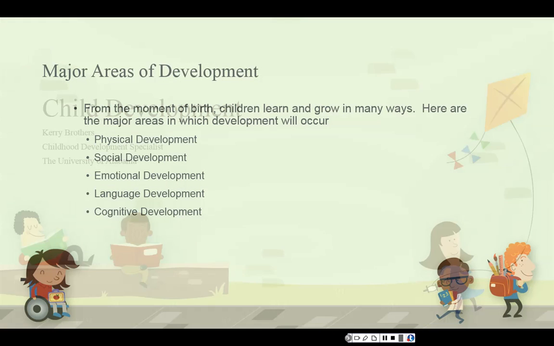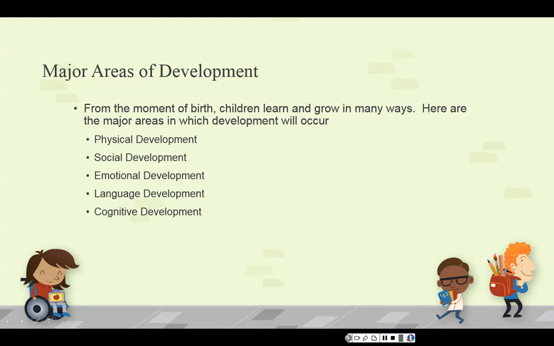All right. So from the moment of birth, and I would even argue in a lot of ways from before birth, children are growing and learning in so many ways. The 5 major areas in which development occurs are physical, social, emotional, language, and cognitive development.